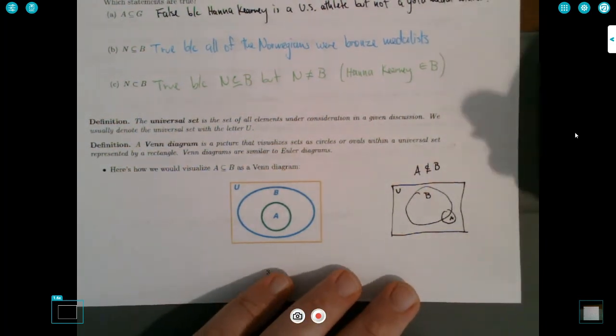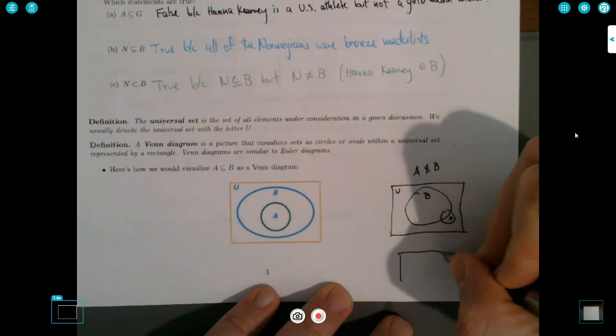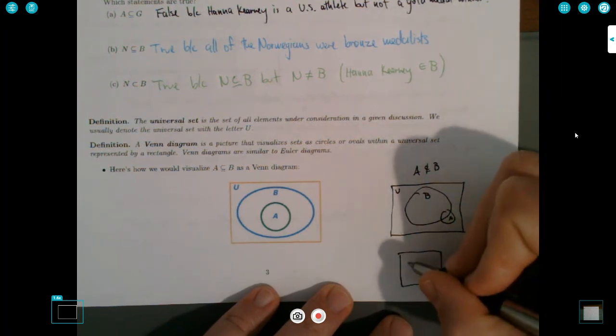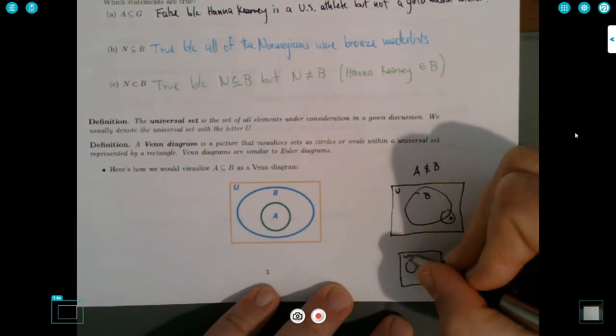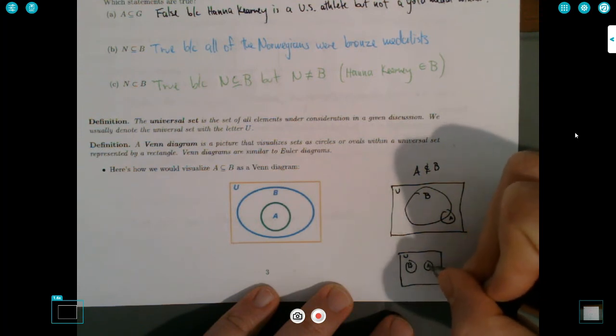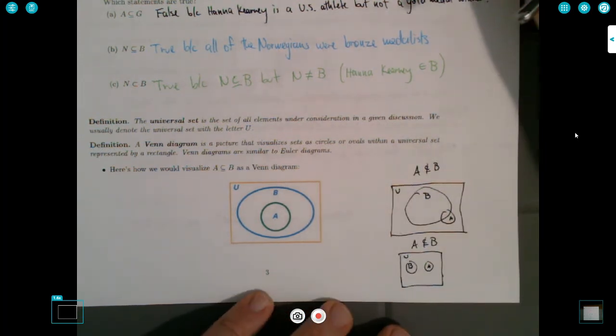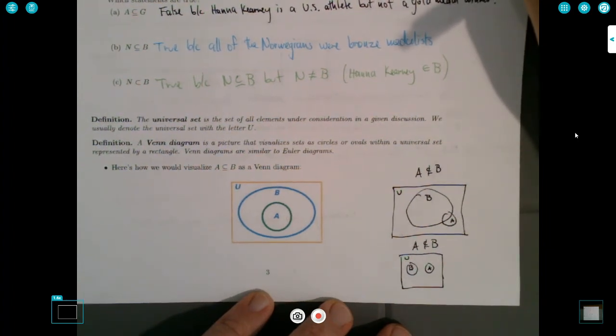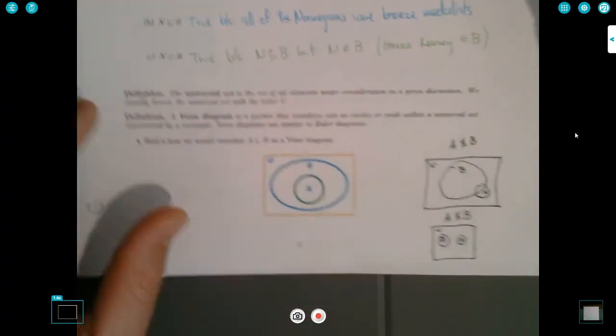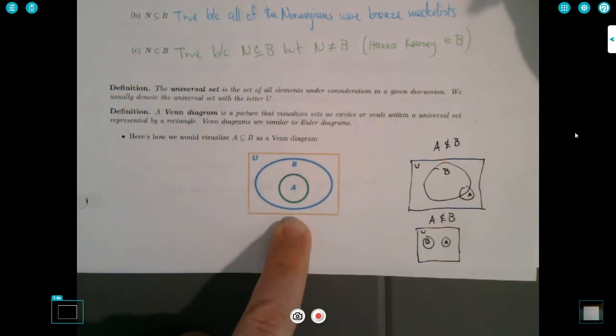And of course, there are other ways that A could not be a subset of B, like you could have the situation where they're completely disjointed, right? So B and A. This would also be A is not a subset of B. I'm sure there are other ways that you could get that scenario, but the point is, this is how you would visualize A as a subset of B using a Venn diagram.